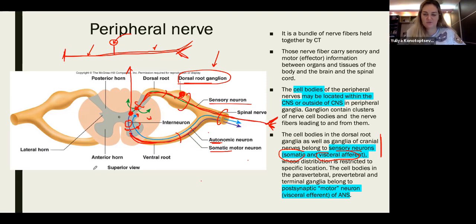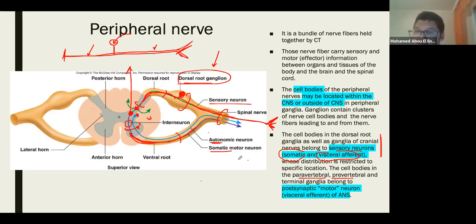Because sympathetic will be both in the lateral horn and in certain ganglia. We call them pre- and paravertebral ganglia. That's where the sympathetic division would be. Parasympathetic ganglia are near the organs.